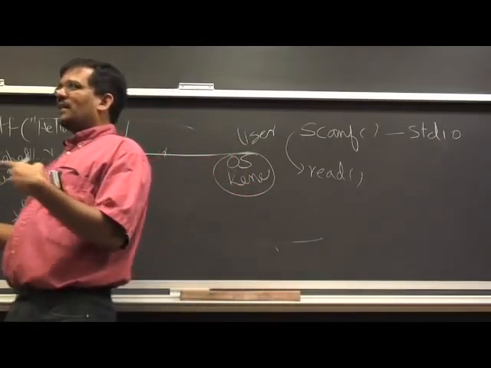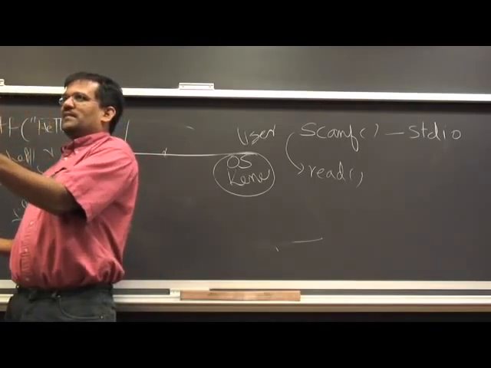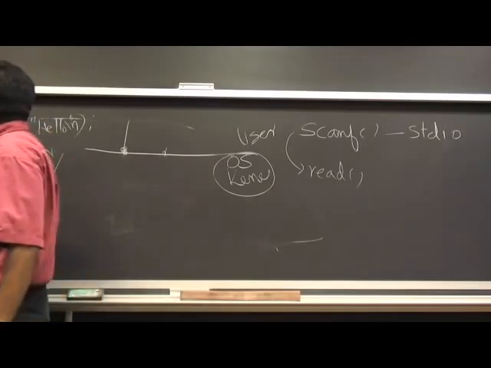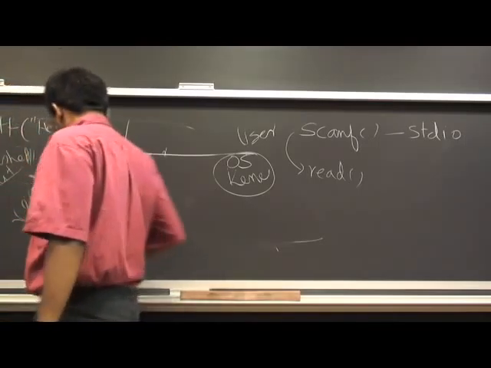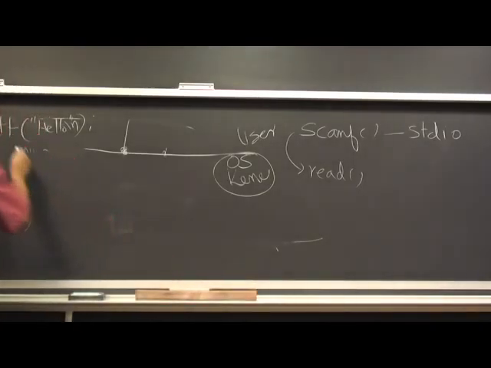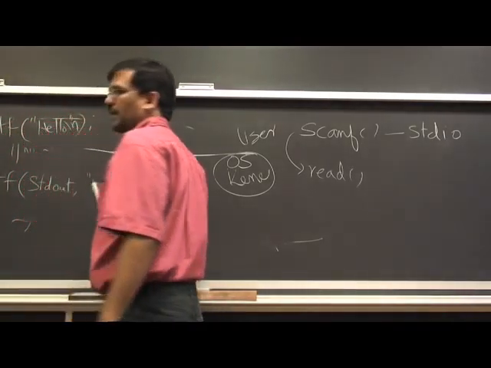So when you look at this scanf and fprintf, you don't implicitly state where it's going. When you say printf, you don't say where it's going. Hang on. So this is equal to this, right?